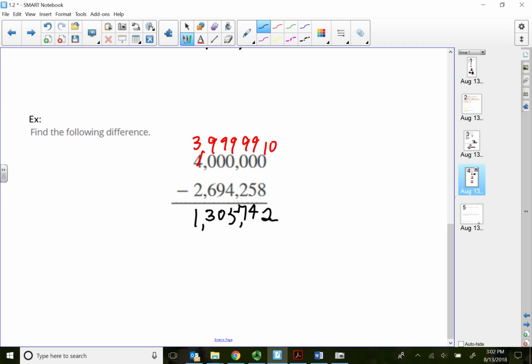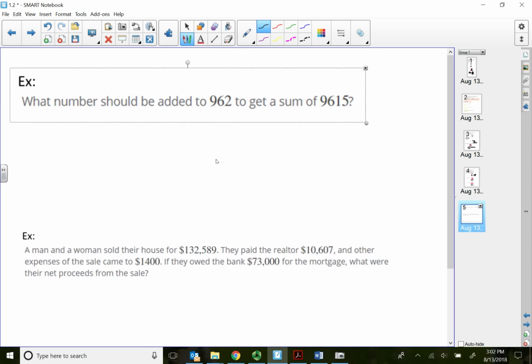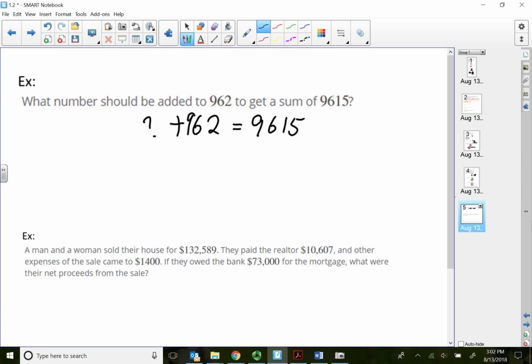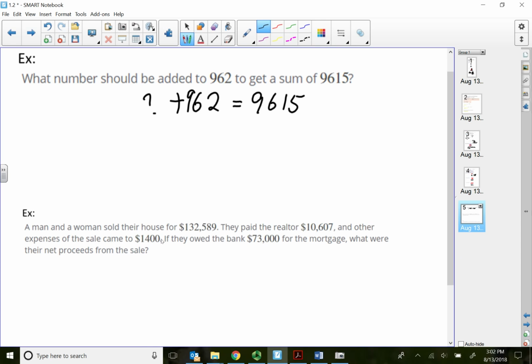All right, let's take a look at some applications real quick. For example, what number should be added to 962 to get the sum of 9615? So in order to find this number, we generally just subtract.